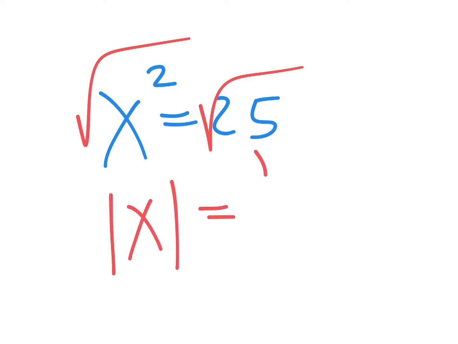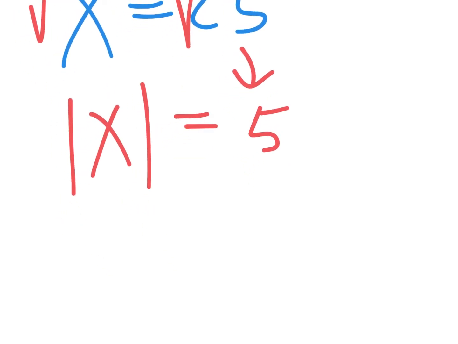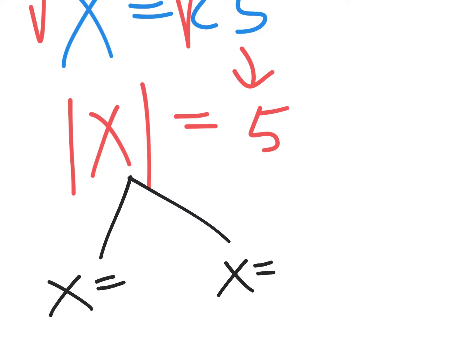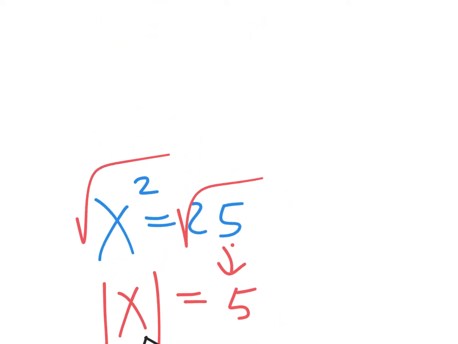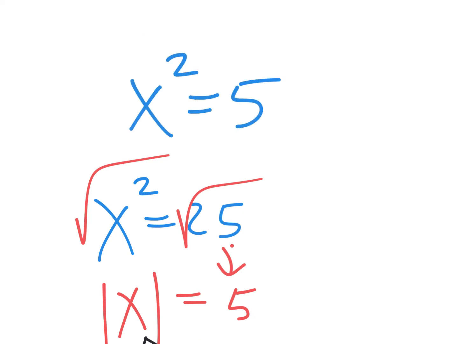What's the square root of 25? 5. Now, because it's an absolute value, you got to do the splits. So this one came out to 2 answers, 5 and negative 5. If you just look at the original problem, I think you'll see that 5 squared is 25. And if you put in a negative 5, it would also work, okay?